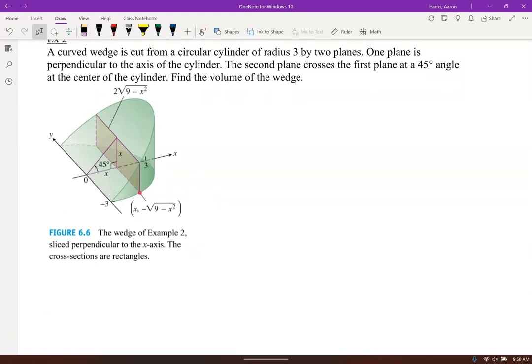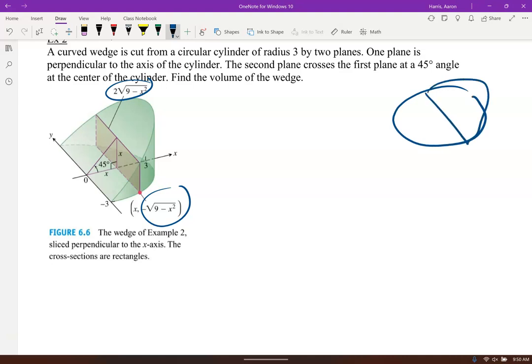Now, what may be harder to see is where this stuff is coming from. So let's talk about this for a minute. If I had the whole base, again, I know I only have this wedge part, but the whole thing's a circle, right? So x squared plus y squared equals the radius squared, centered at the origin. Our radius here is 3.